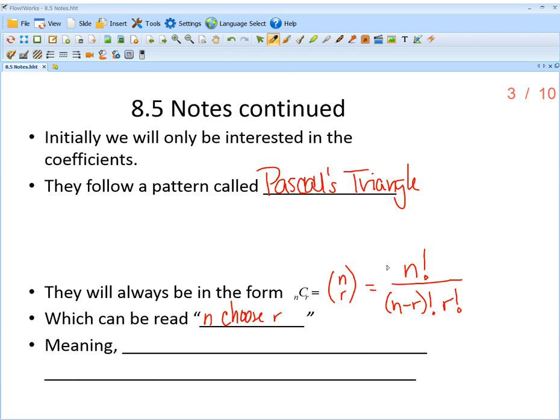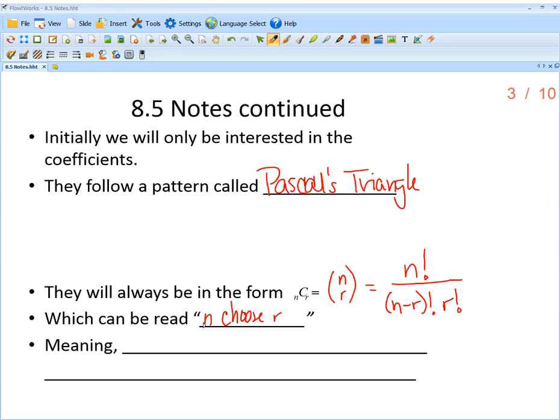So this is how all of the coefficients in Pascal's triangle are found, which means when we write out Pascal's triangle, if you don't necessarily memorize what's in the 5th position of the 10th row, you can always use this, and a lot of people will use this to get those coefficients.